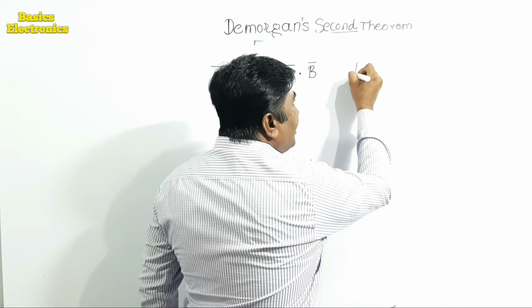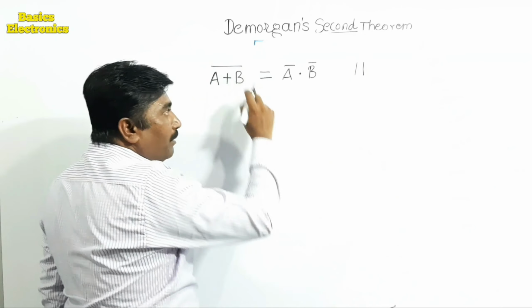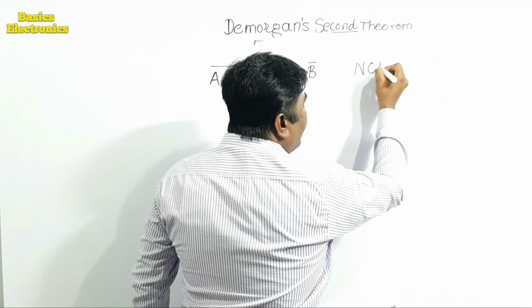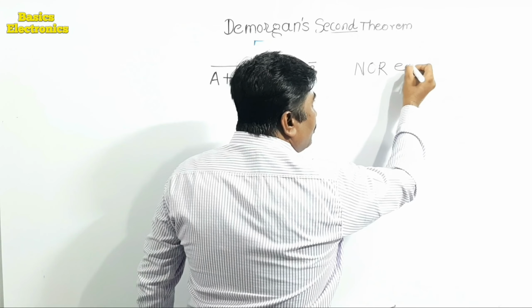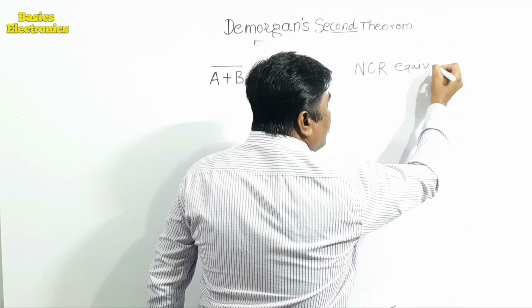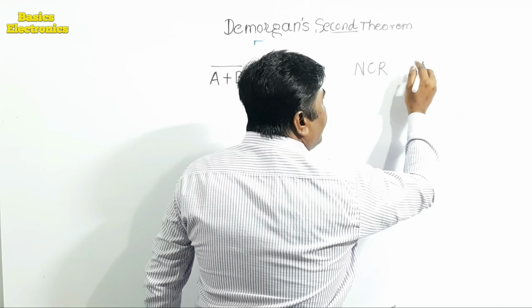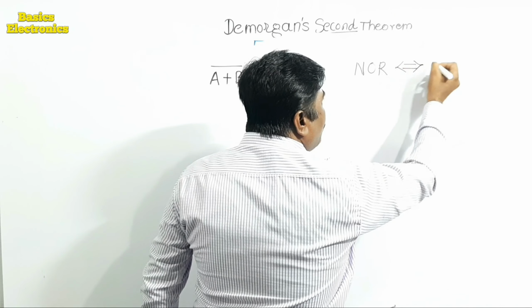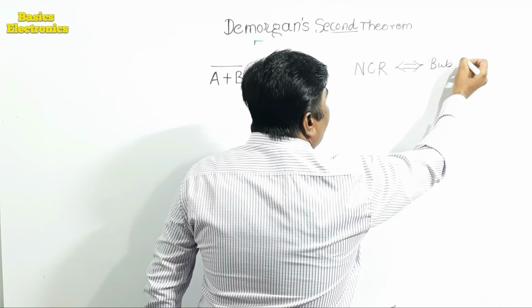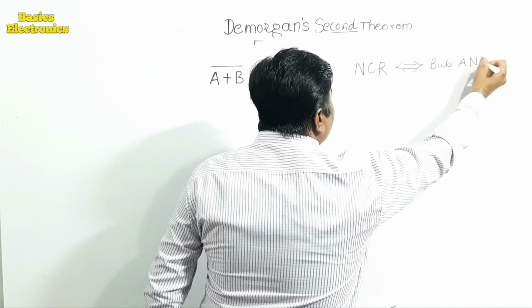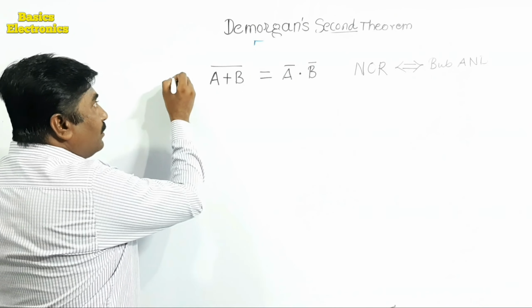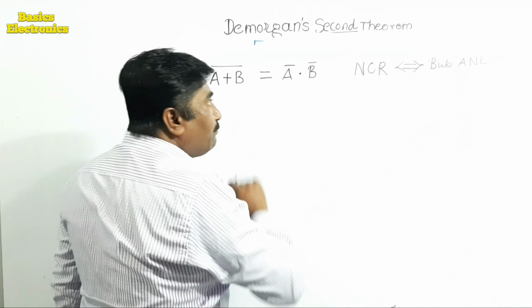Here the equivalency is that the NOR gate is equivalent to the bubble AND gate. Okay, this is from the first theorem.